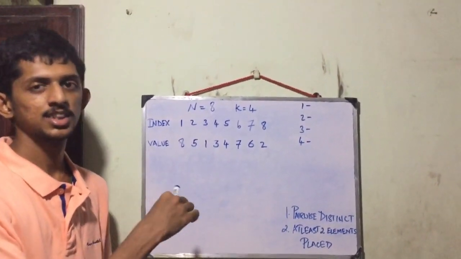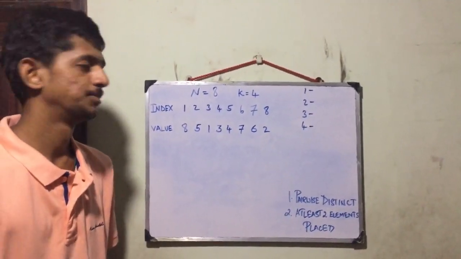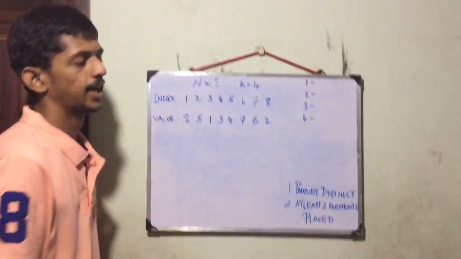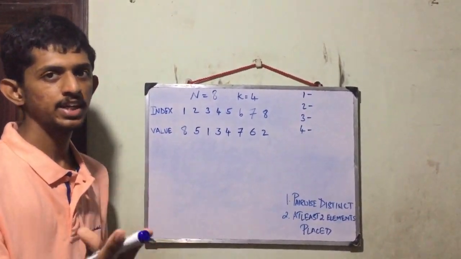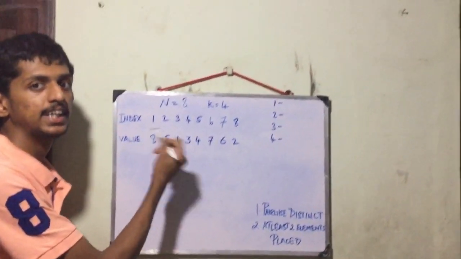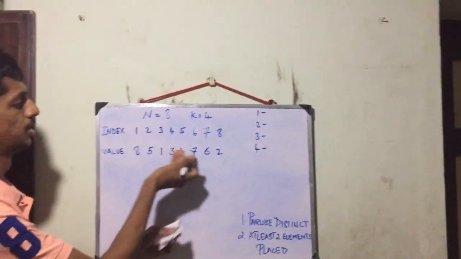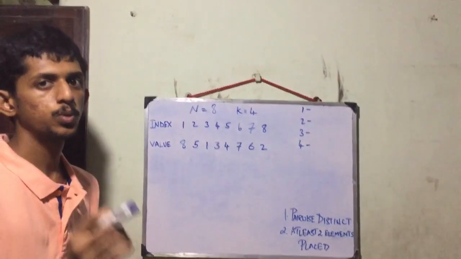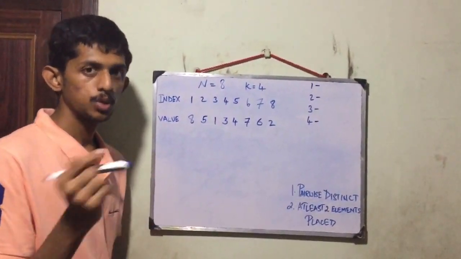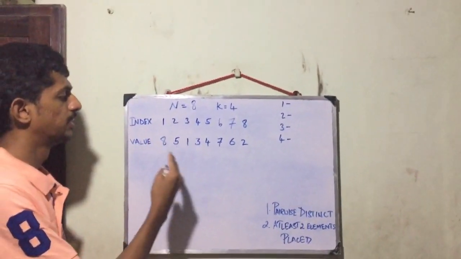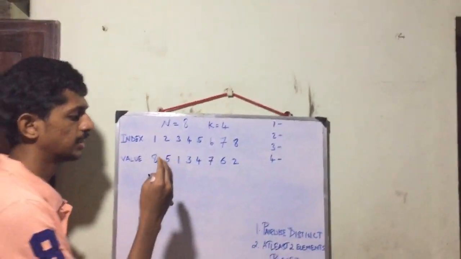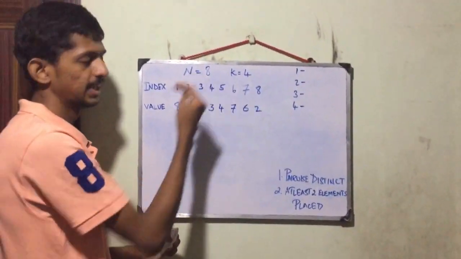Now let's discuss the solution for this Triple Sort question. Now you are given n is equal to 8, a permutation of 8 numbers in non-sorted order, that is 8, 5, 1, 3, 4, 7, 6, 2. Now your aim is to sort the given numbers using that particular condition within k steps.